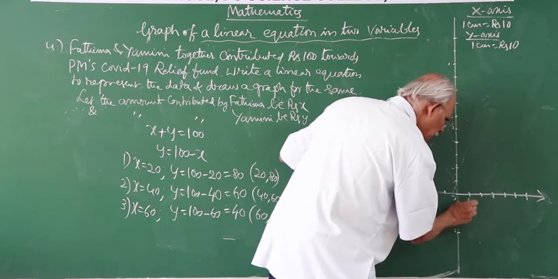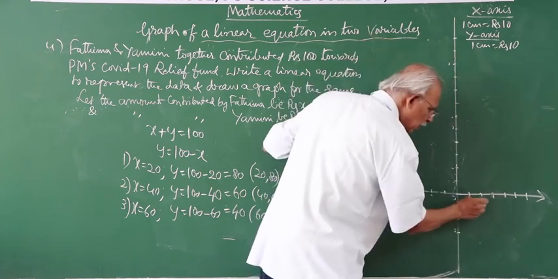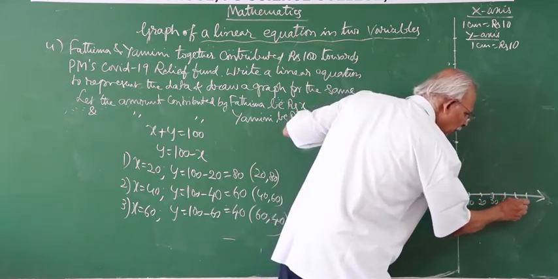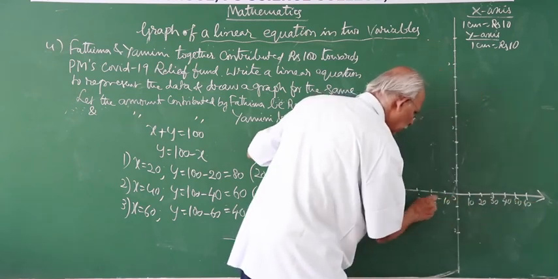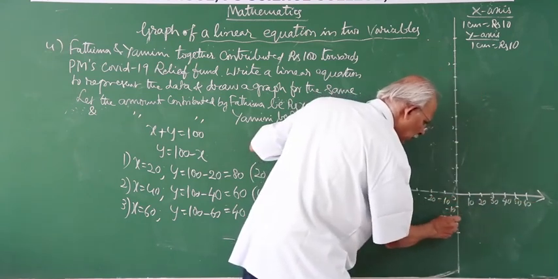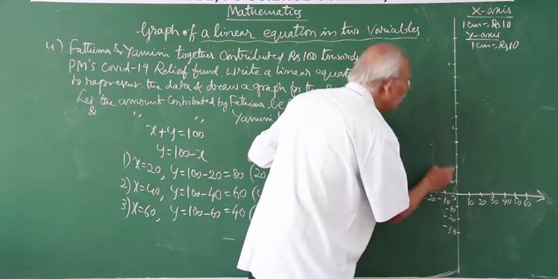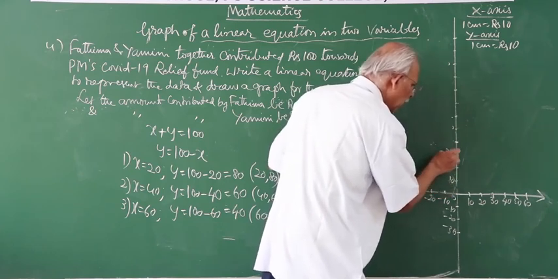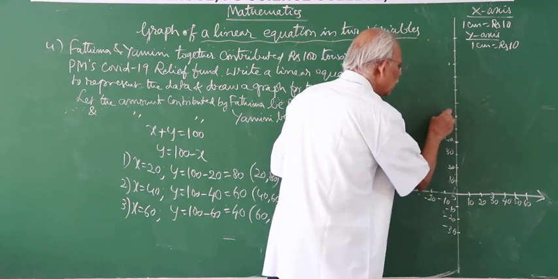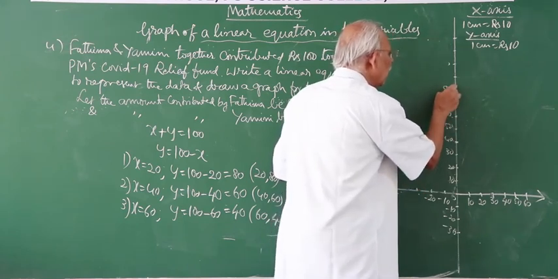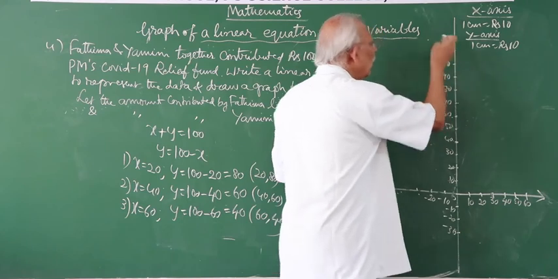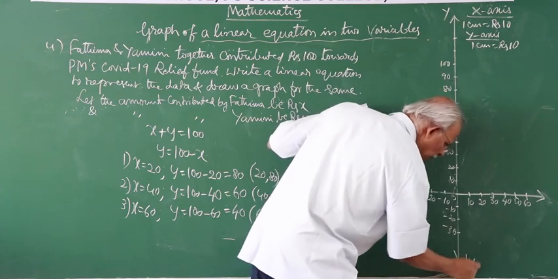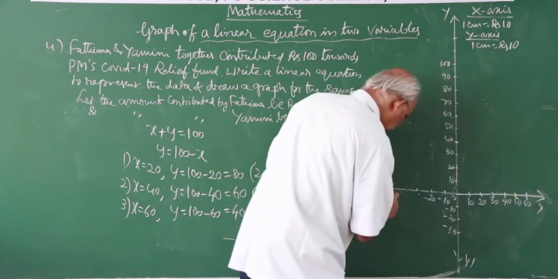Look here. This is 1 centimeter, 10. Again, one more centimeter, 20, 30, 40, 50, 60. This is minus 10, minus 20 like that. This is minus 10, minus 20, minus 30. Here again 1 centimeter equals rupees 10. Therefore 10, 20, 30, 40, 50, 60, 70, 80, 90, 100 like that. This is y-axis. Y dash. This is x. This is x dash.